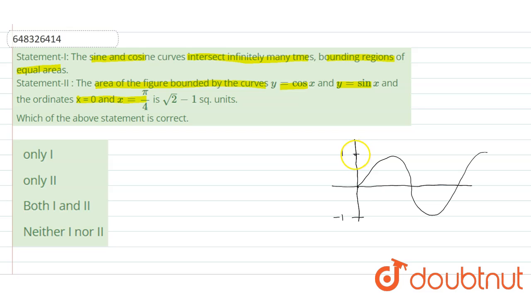Sine and cosine are always between 1 and minus 1. Now see how the region looks.